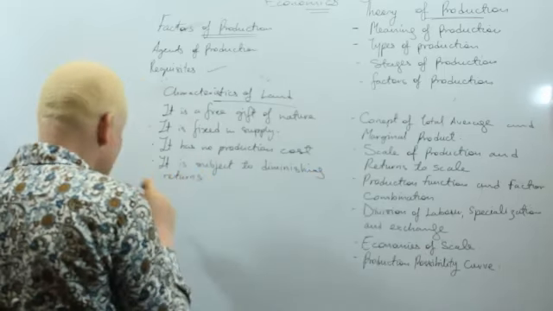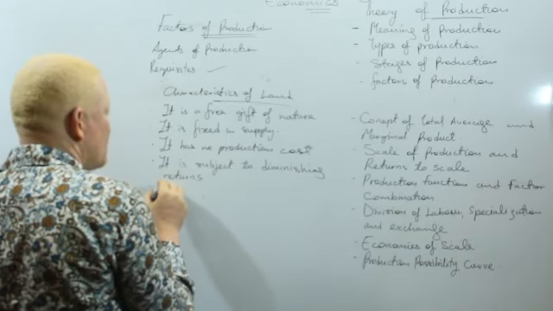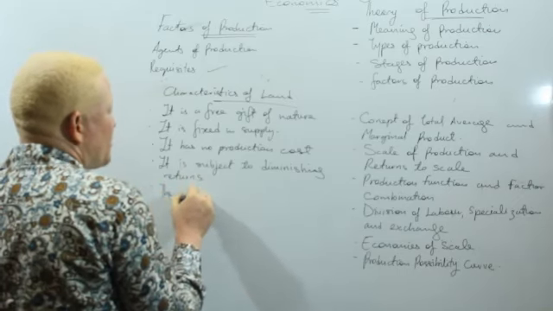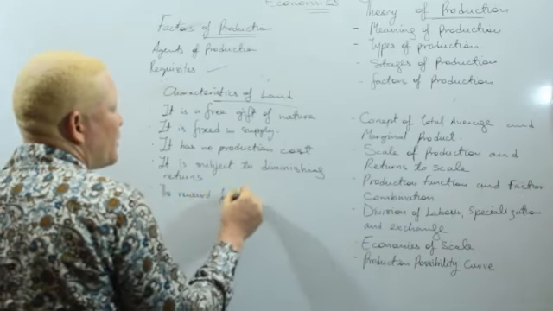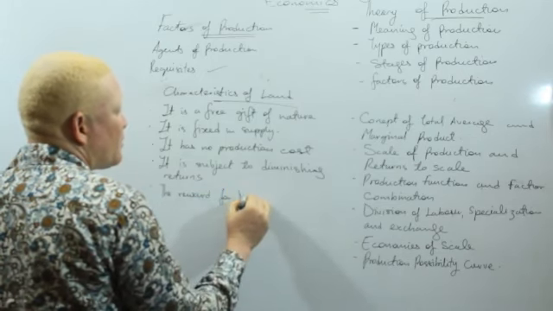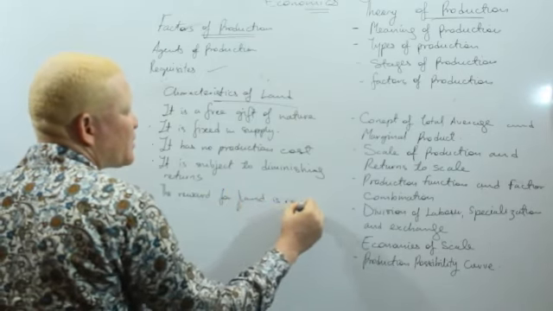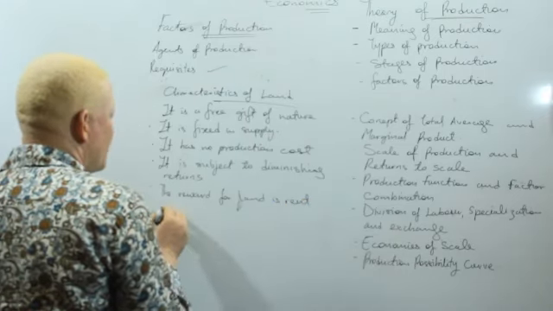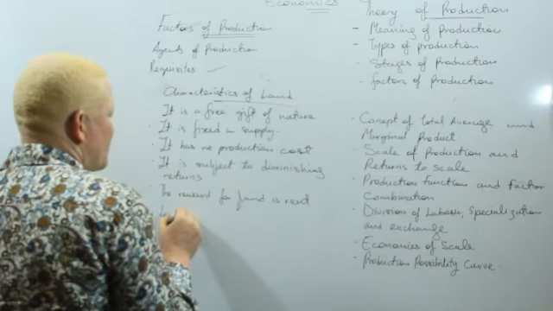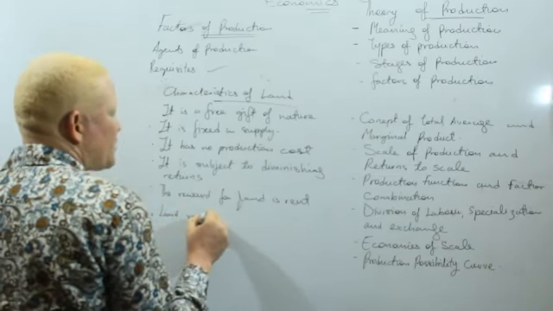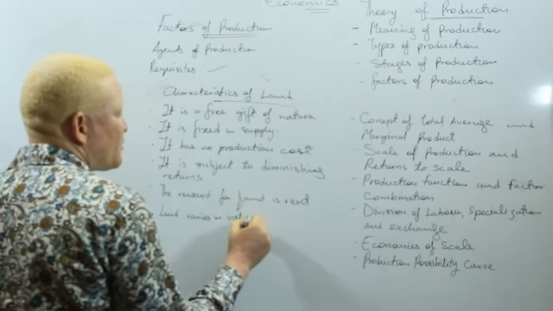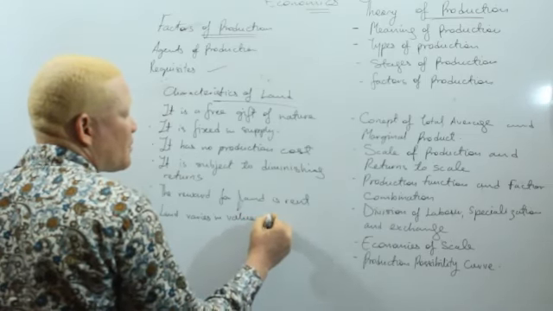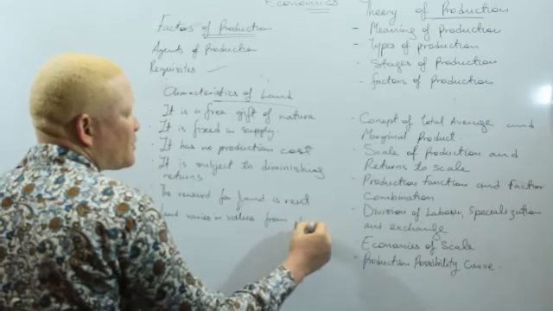Five, the reward for land is rent. Six, land varies in value from place to place.